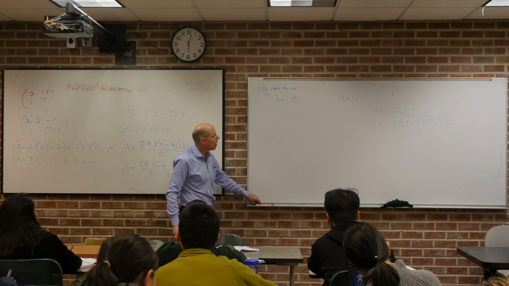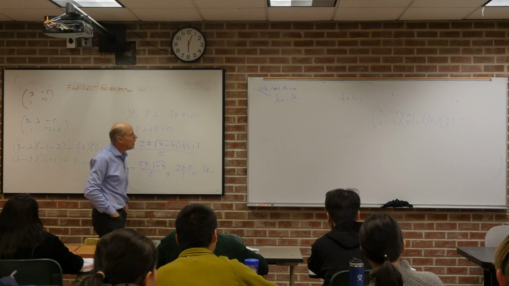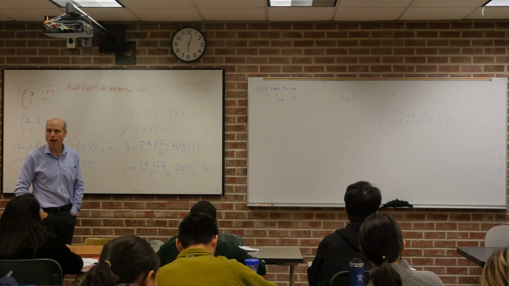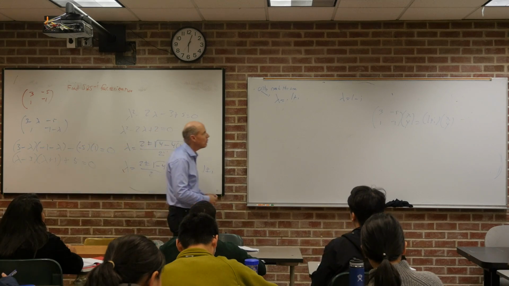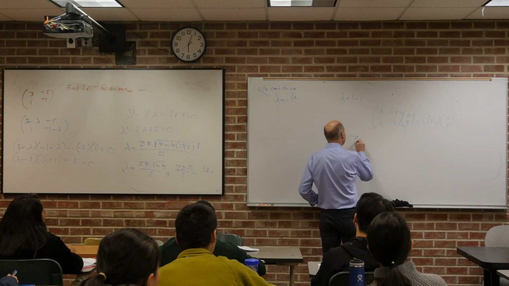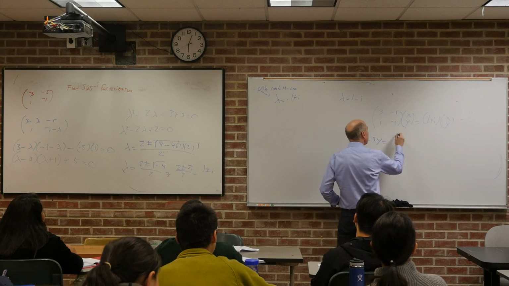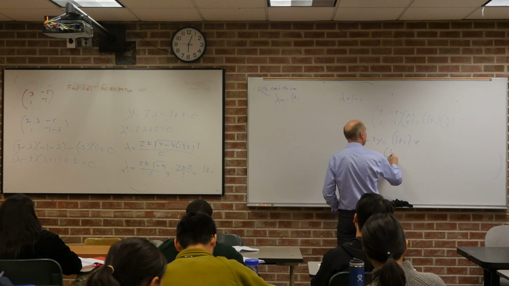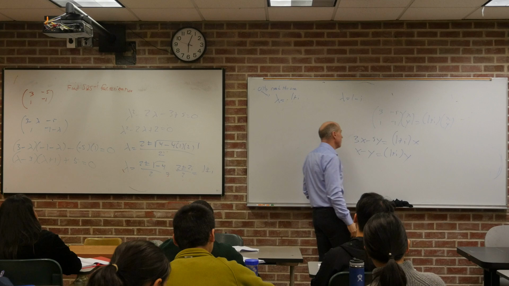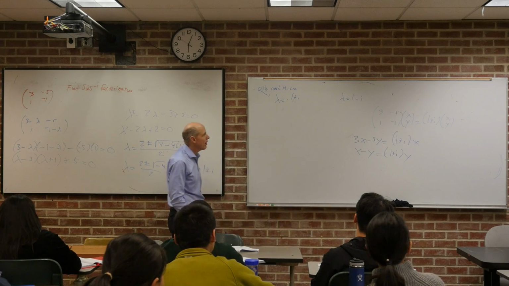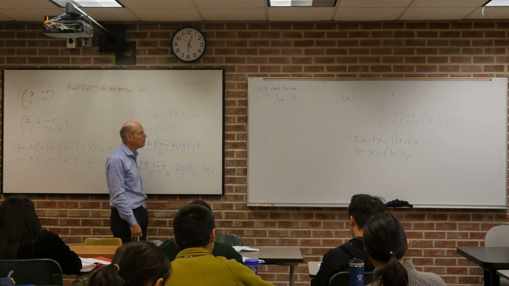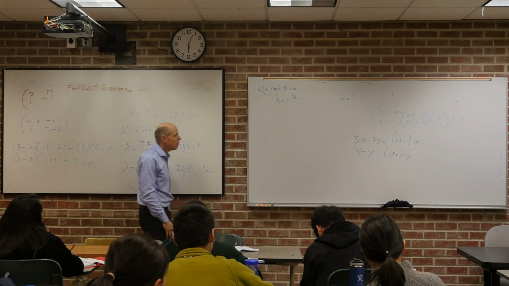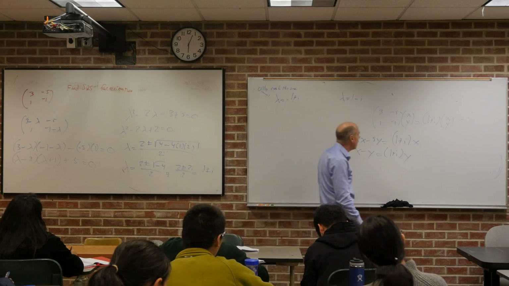When I do the matrix times (x, y), I'm going to get the same thing as 1 plus i times (x, y). There's going to be a way to do this without having to use x equals 0, y equals 0. And so when I multiply that out across the top, I get 3x minus 5y is (1 plus i)x, and x minus y is (1 plus i)y.